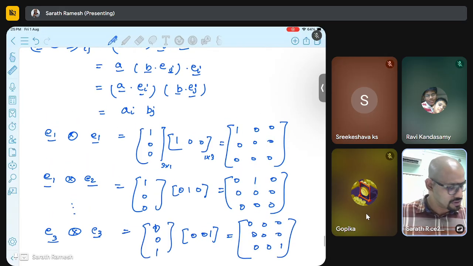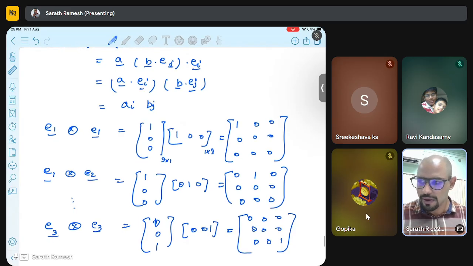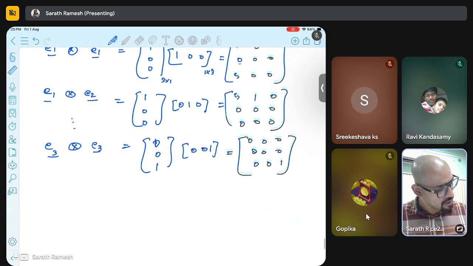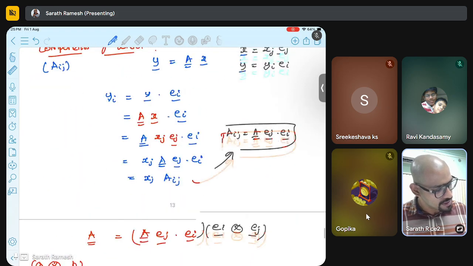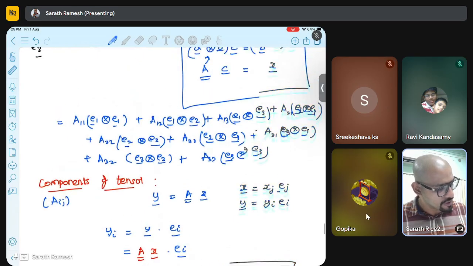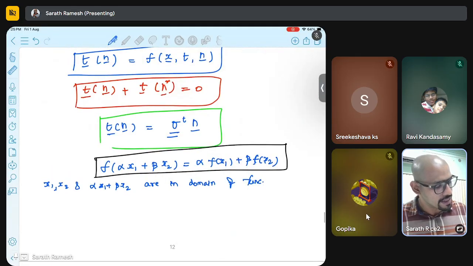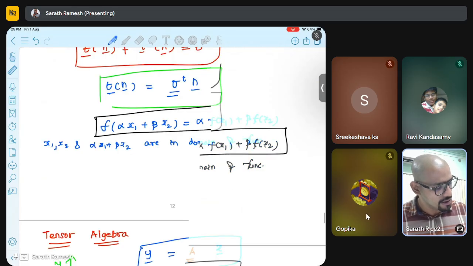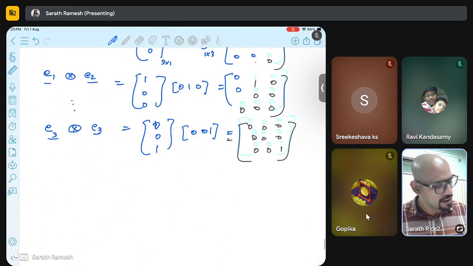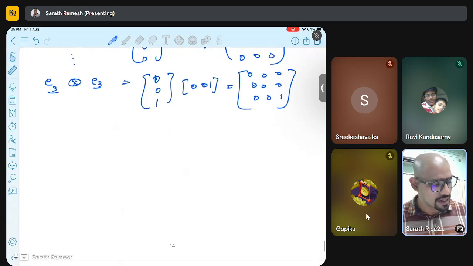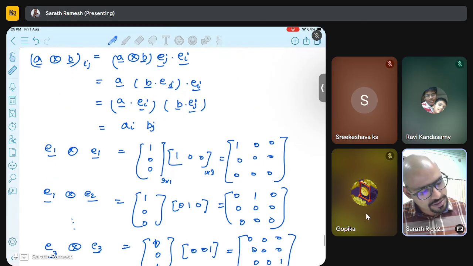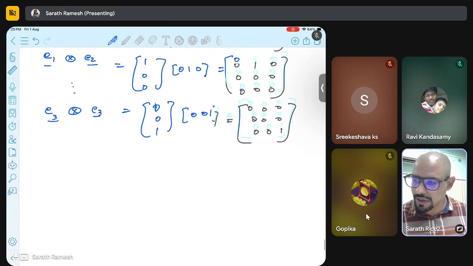So this is what it is. Now the stress component. We have already seen that stress is a second order tensor that relates a normal vector with a traction vector. Let's use all these mathematical concepts of tensors and apply them to stress.